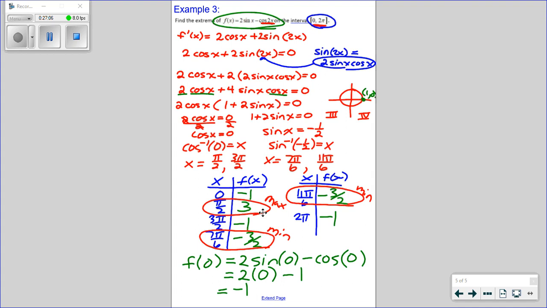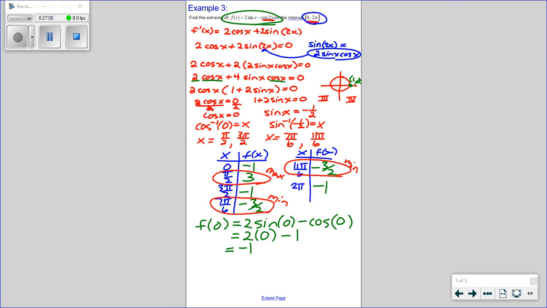All right, so how do we write our final answer? We're going to say that f has a maximum value of 3 at x equals pi over 2.